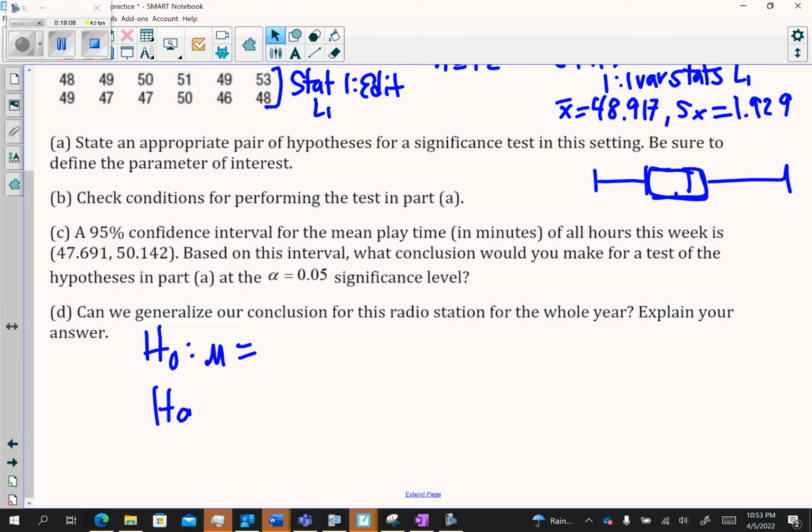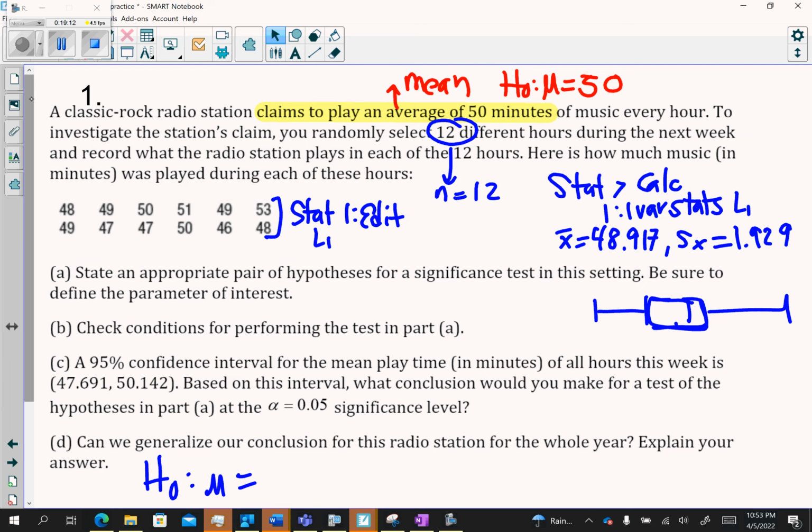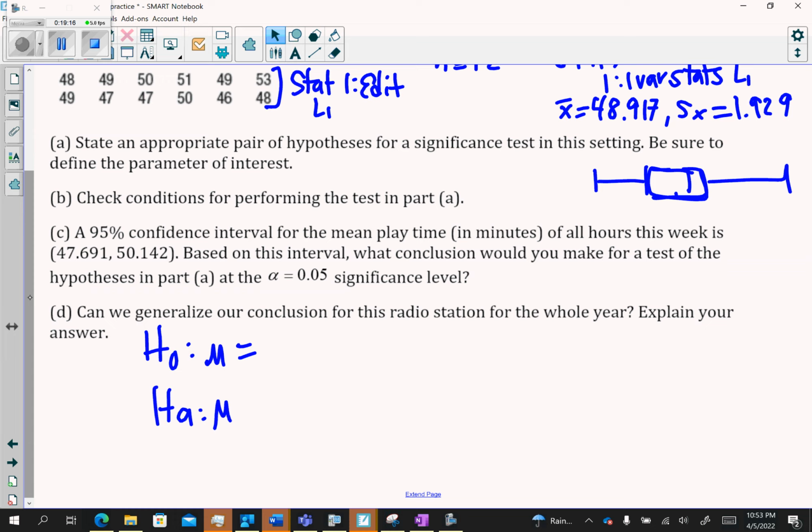And remember, it's always mu for both of these because it's a mean question. They claim that the average is 50 minutes of music per hour, so we're going to put 50. And remember, it said define the parameter. So the parameter in this case is mu.